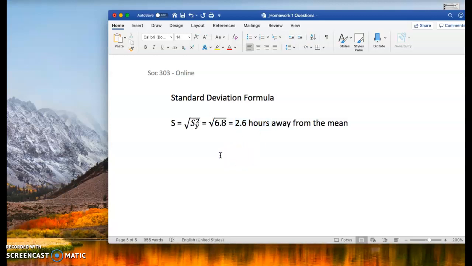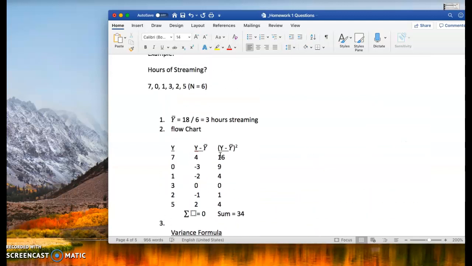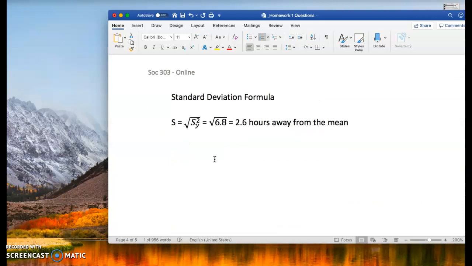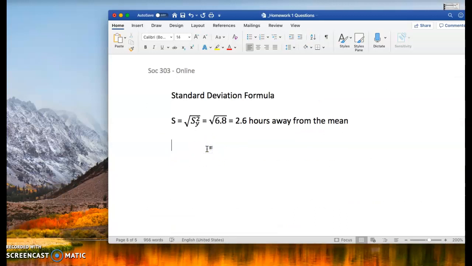Not at all. The average, we already have that. The average is, we found, 3 hours. So on average, people are watching within 2.6 hours of streaming from the average of 3 hours. If you're within that standard deviation, that means that you're within the normal range.